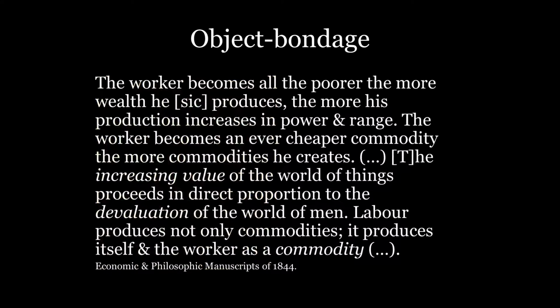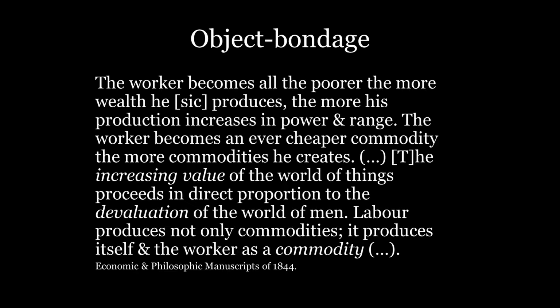This in turn leads to what Marx calls object bondage. The worker becomes all the poorer the more wealth she produces, the more his production increases in power and range. The worker becomes an ever cheaper commodity the more commodities he creates. The increasing value of the world of things proceeds in direct proportion to the devaluation of the world of men.